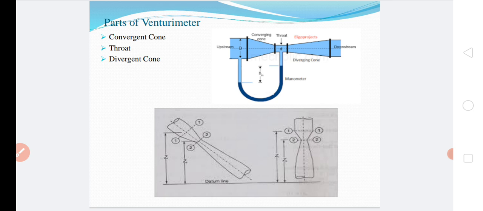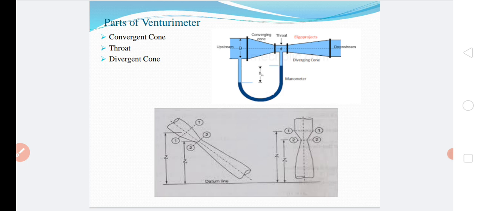The liquid, while flowing through the divergent cone, is retarded, causing a decrease in velocity and an increase in pressure.